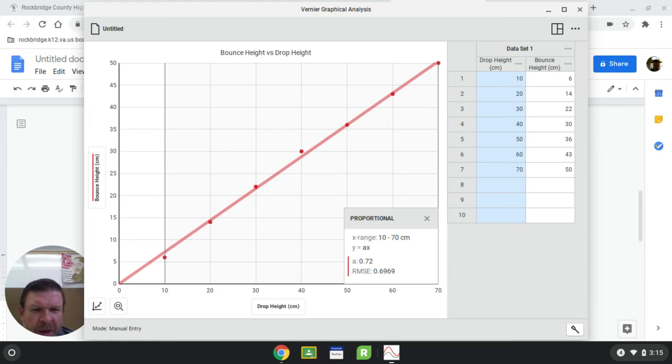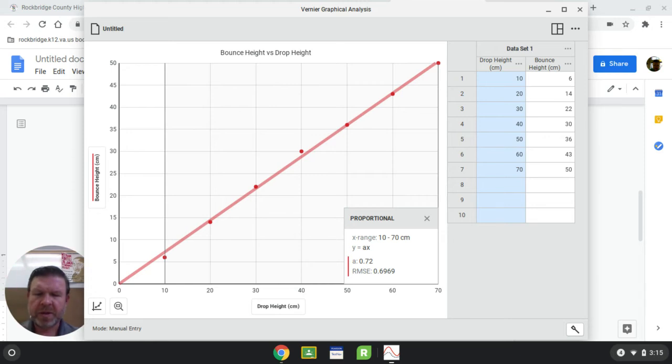If you're using Logger Pro, it does a little bit better job of helping you out with the equation. This just tells me y equals ax, where a is 0.72. So, all right, let's get this into our report, and then we'll talk about the meaning of the slope and all that stuff.